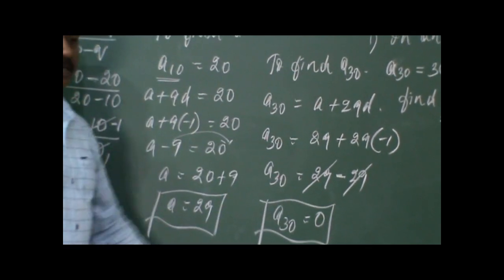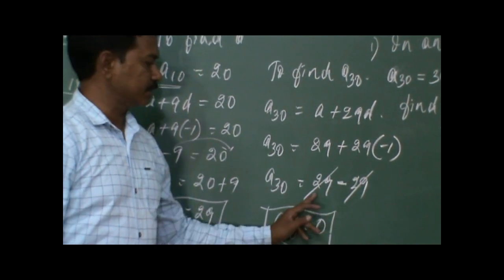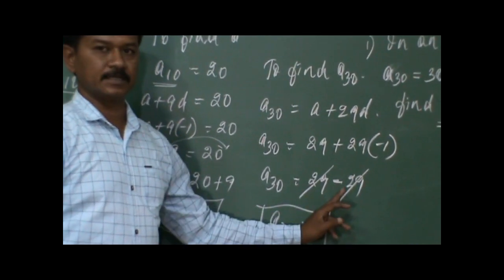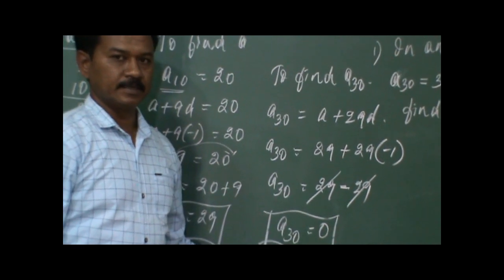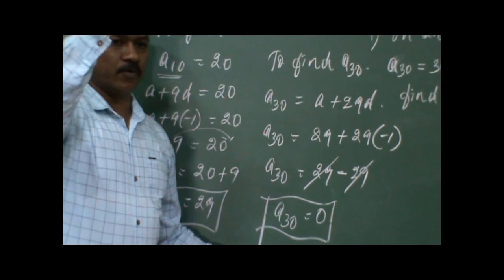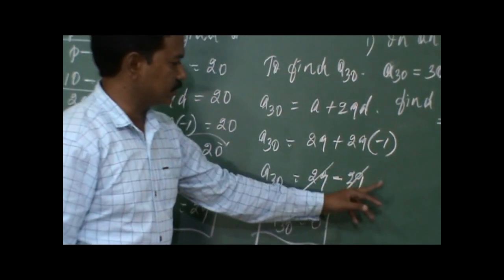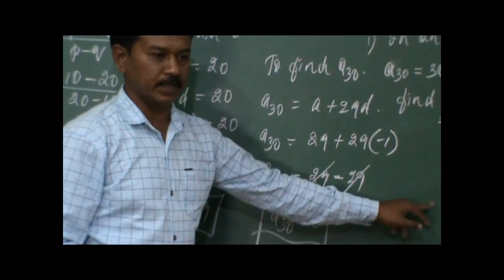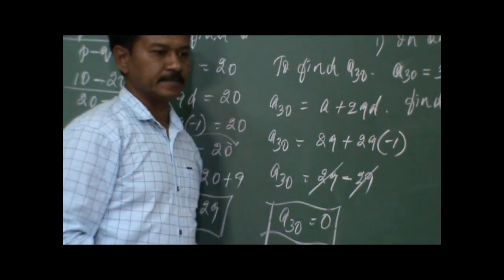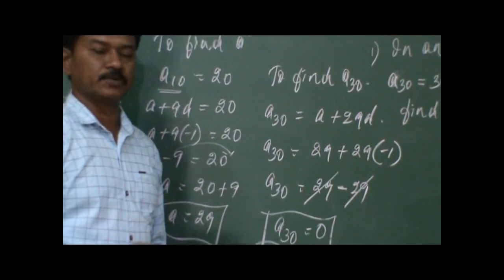Many students write it as 1. Actually it is not 1, it is 0, because the terms are cancelled side by side. If it were 29 by 29, it is 1. But 29 minus 29 is 0.